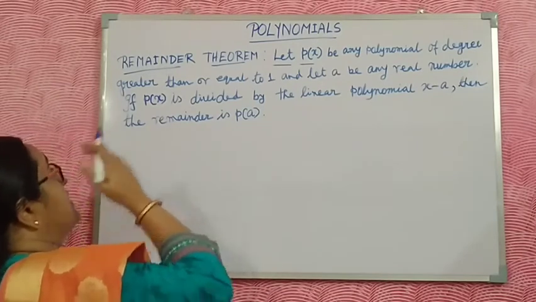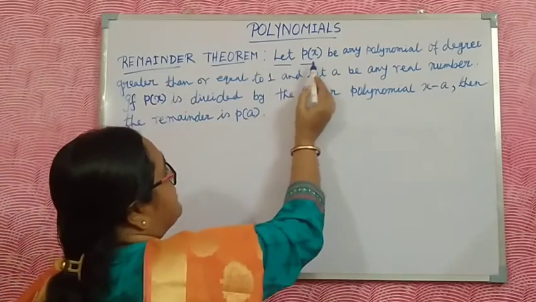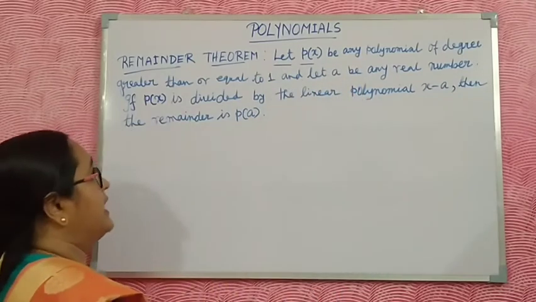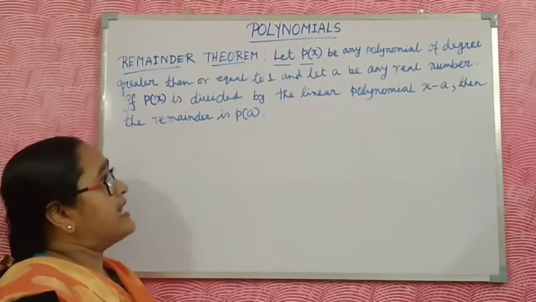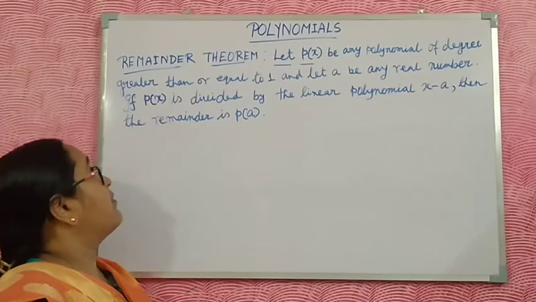In this video, the remainder theorem is: let P(x) be any polynomial of degree greater than or equal to 1, and let a be any real number.